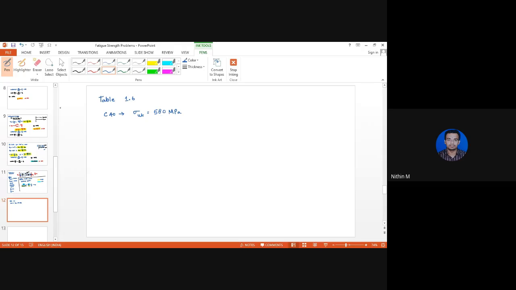We did not have the values for sigma minus 1 as well as sigma Y in the table. I had told you, if the value of sigma minus 1 is not given, for steels, sigma minus 1 will be approximately equal to 0.5 times the ultimate strength. If you make use of this expression, sigma minus 1 will be 290 MPa.